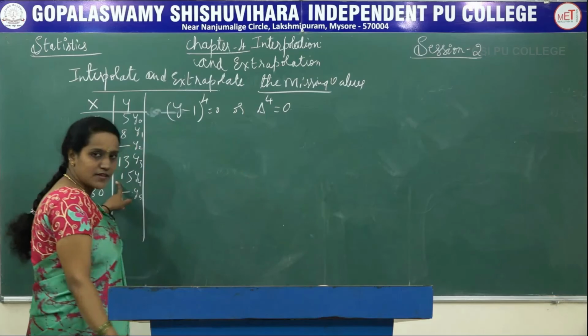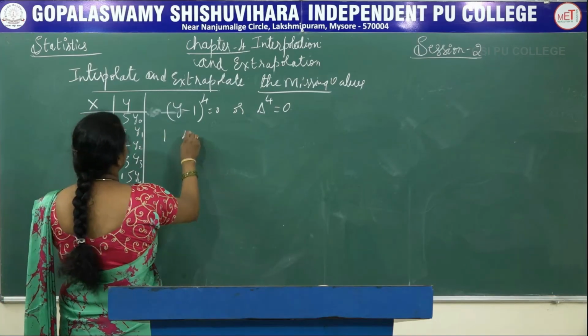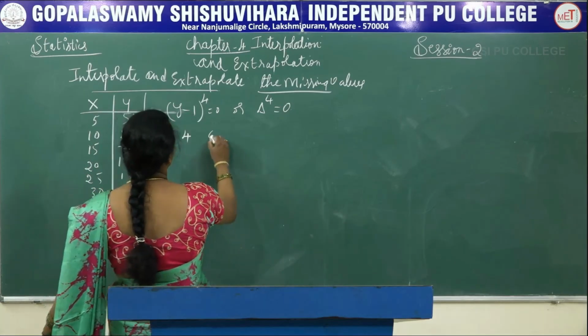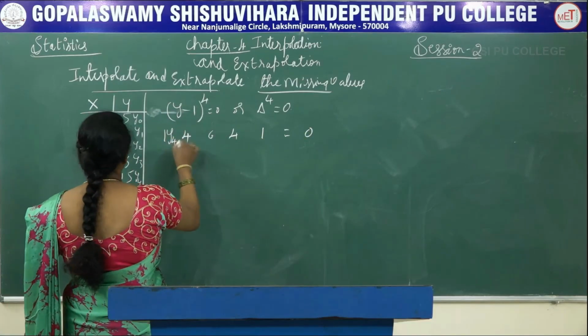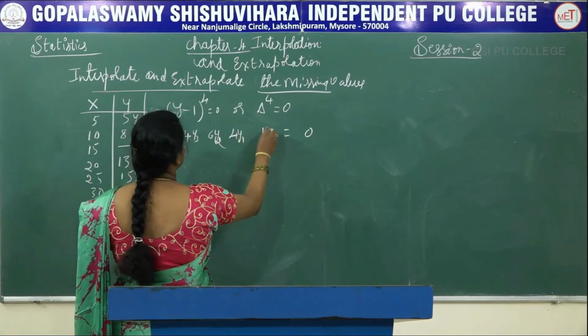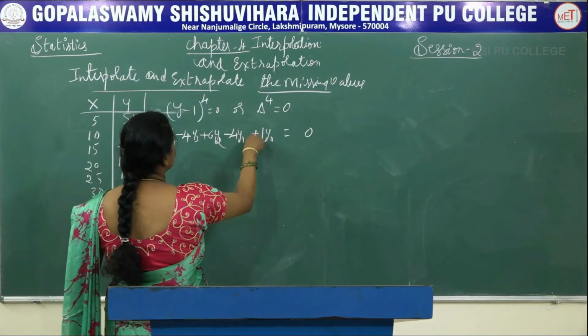Our fourth order difference should be equal to 0 and the constants are 1, 4, 6, 4, 1 is equal to 0. It is y4, y3, y2, y1 and y0 with signs plus, minus, plus, minus, plus.